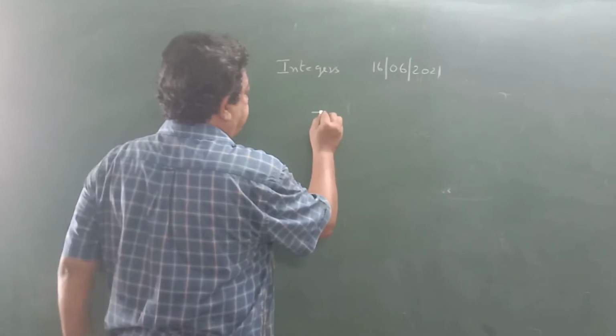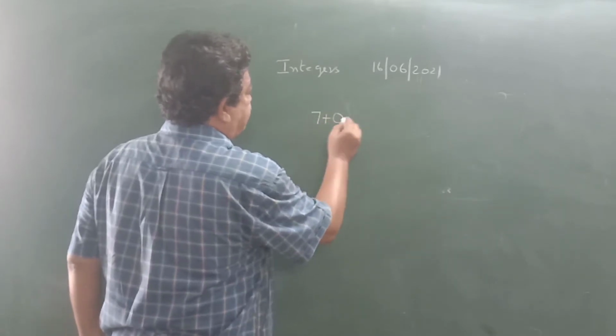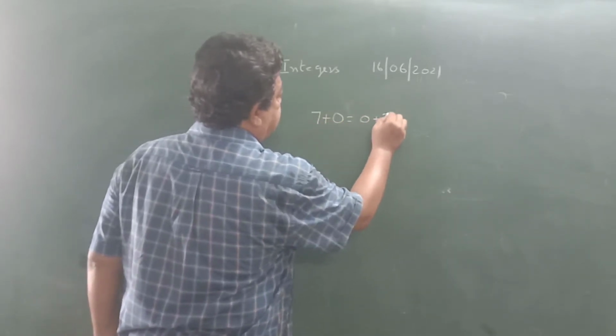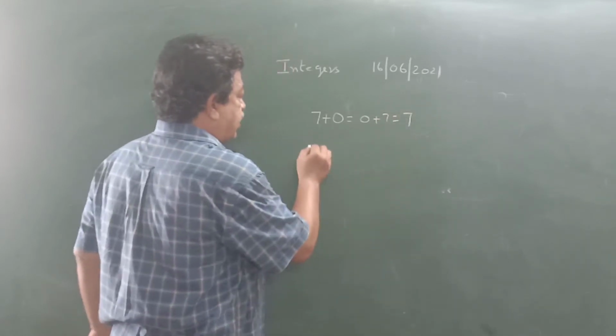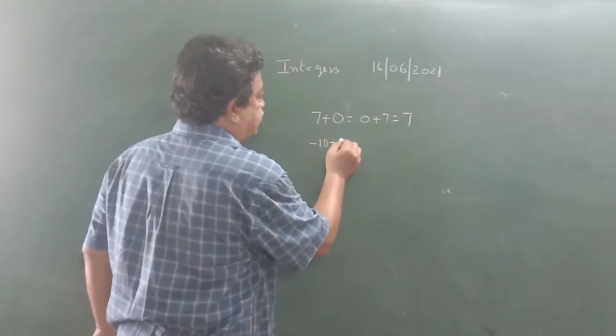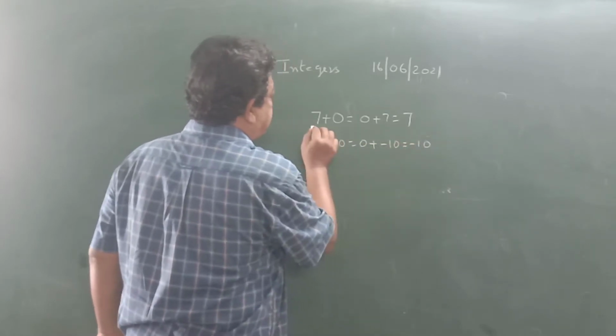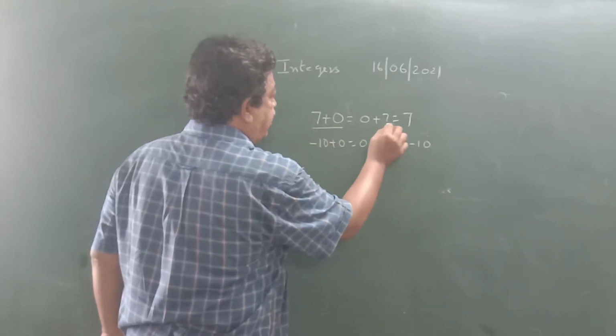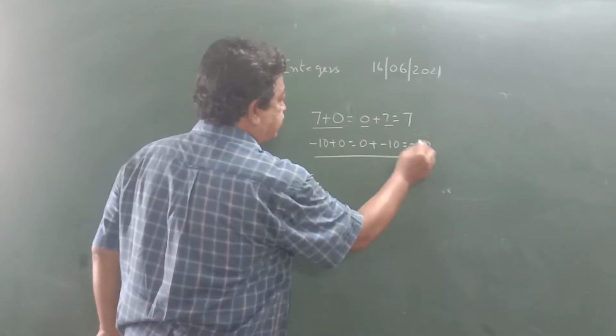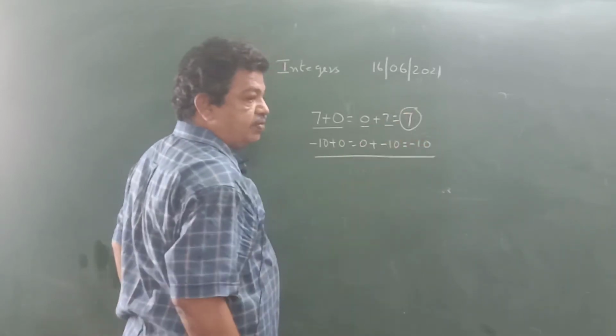Now we take an integer 0. I add that to 7. 7 plus 0 equal to 0 plus 7 equal to 7. Minus 10 plus 0 equal to 0 plus minus 10 equal to minus 10. 0 is added to any integer or any integer is added to 0, the sum is the integer itself.